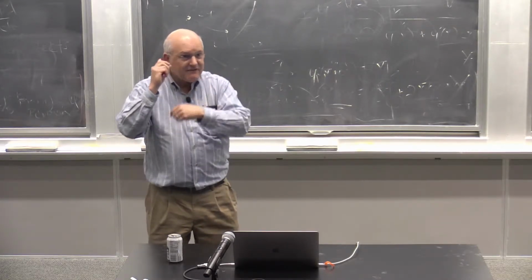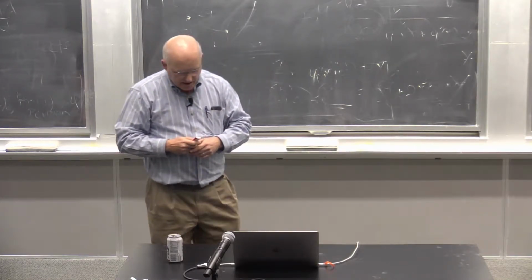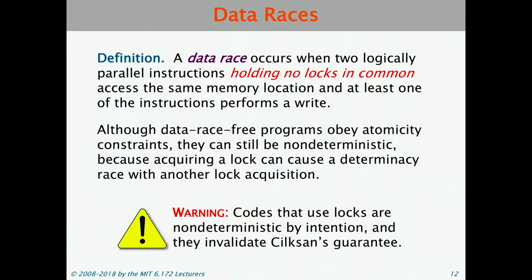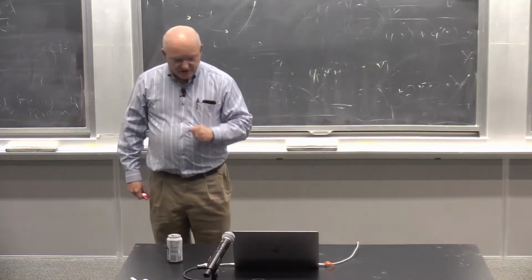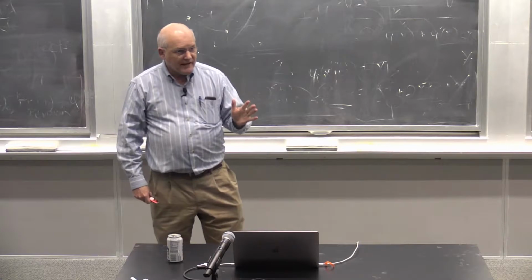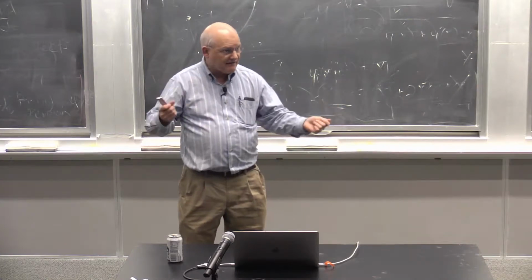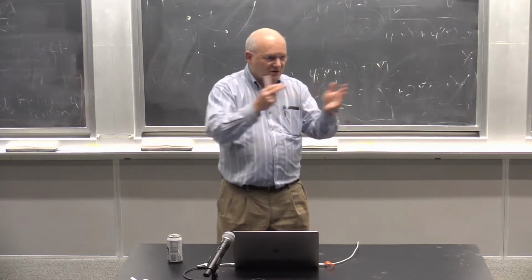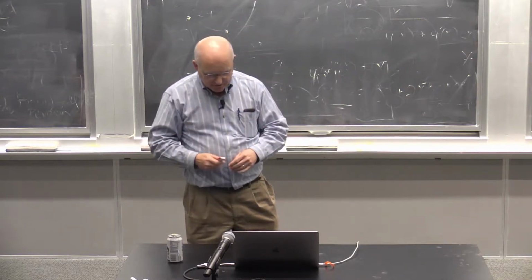It may be a safe, correct one, but it is a determinacy race. And so any code that uses locks is non-deterministic by intention, and it's going to invalidate the Cilksan guarantee of finding those race bugs. So you will end up with races in your code if you're not careful. This is one reason it's important to have some way of turning off non-determinism to detect bugs, because what you don't want is a whole rash of false positives saying, oh, you raced on acquiring this lock. Nor do you want to ignore that and then discover that a race has popped up somewhere else.